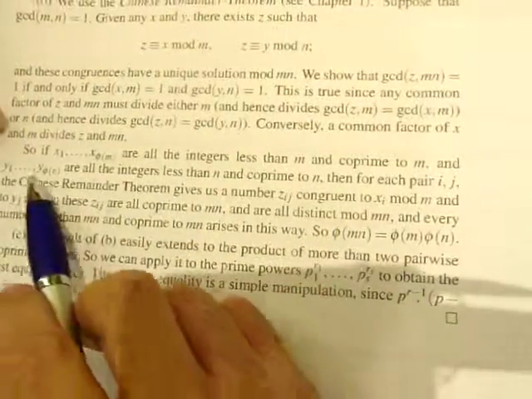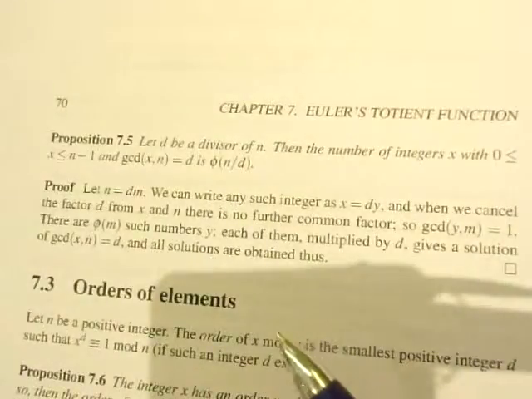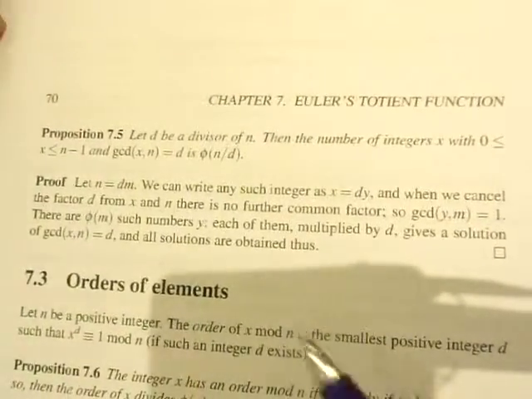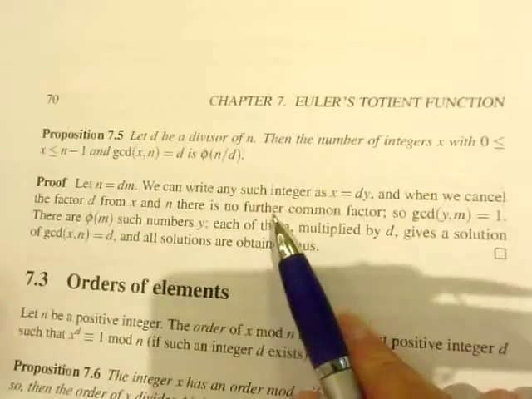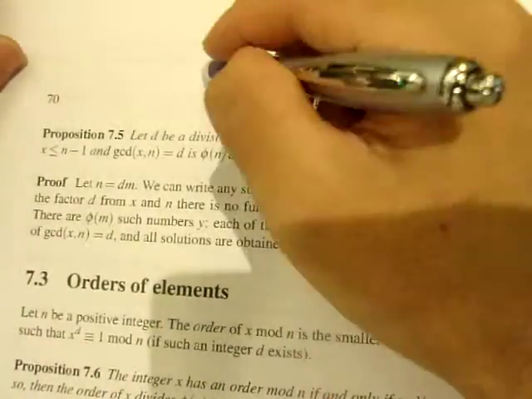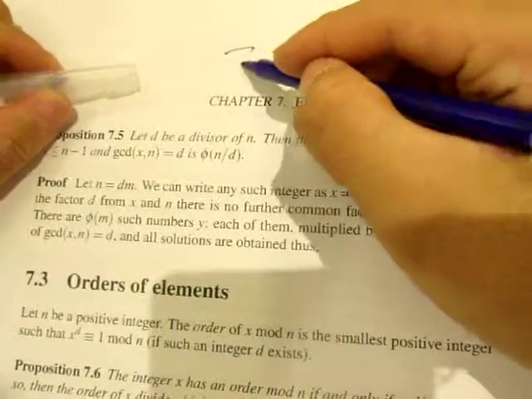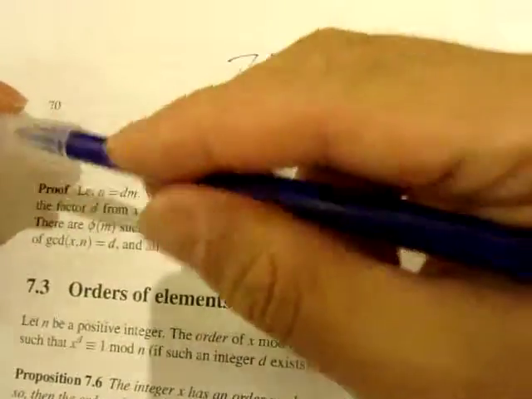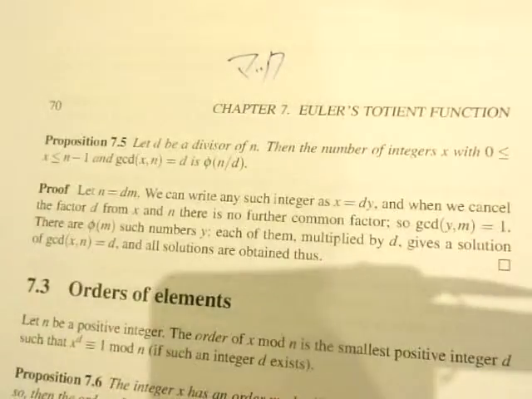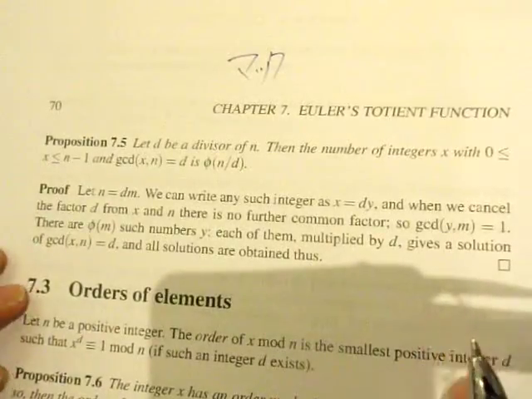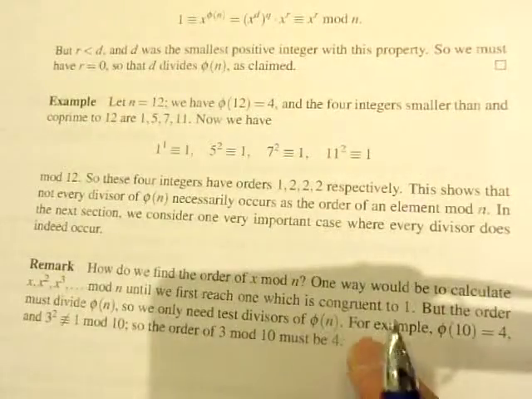Integer that compute the integration compute. Order of elements let's and possible integer. Let's for the integer or the smallest possible integer.